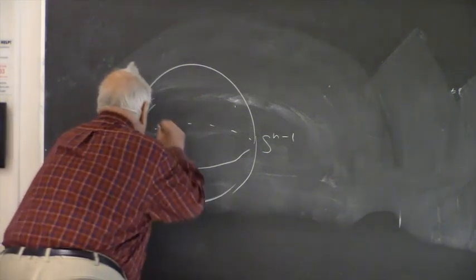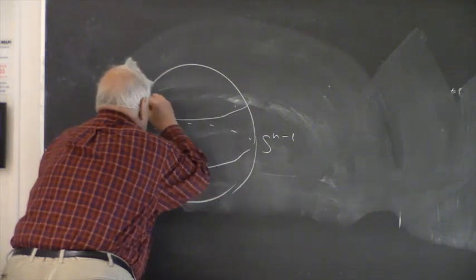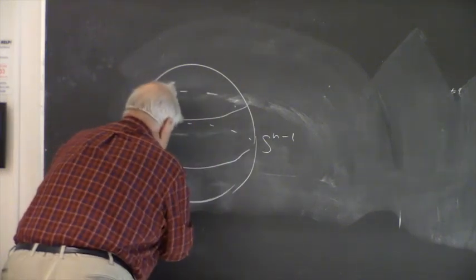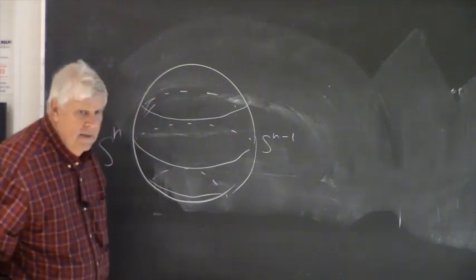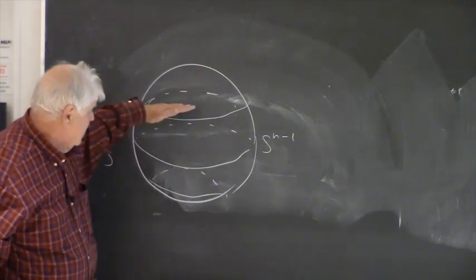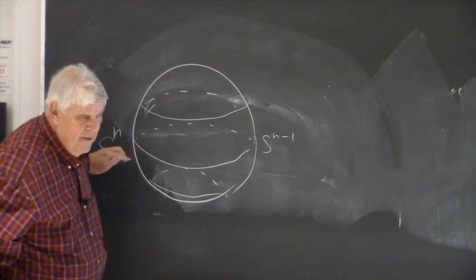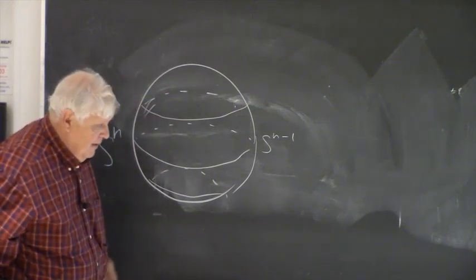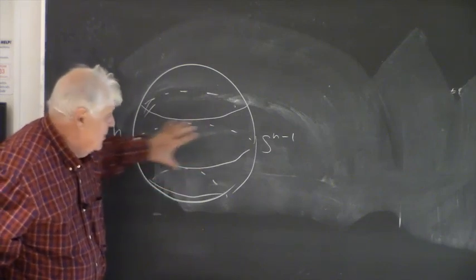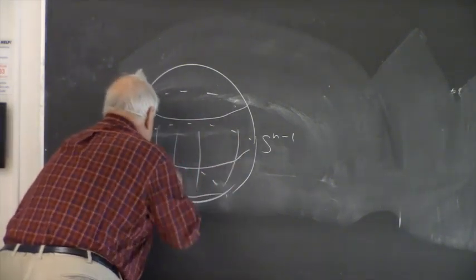And also I will consider this equatorial belt. You understand, I consider two planes parallel to the plane of the first n minus one coordinates. They intersect the sphere, and between them we have this layer, the equatorial belt.